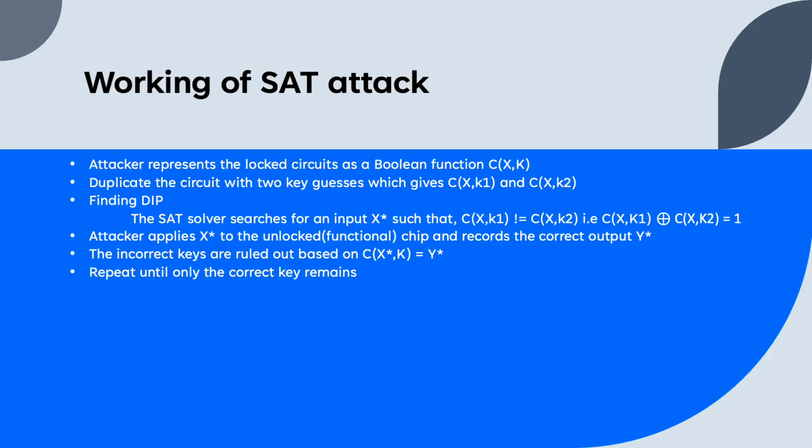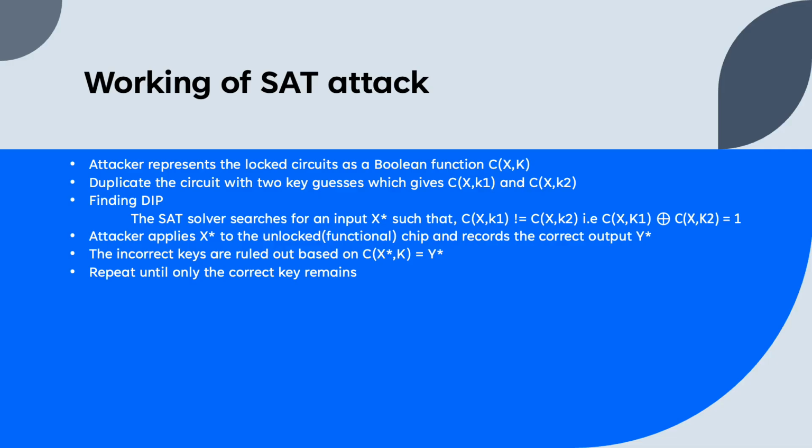The distinguishing input pattern x star is found because it caused at least two different outputs from different keys, but many other keys might also produce the wrong output for x star. Any key that does not satisfy C(x star, k) equals y star, basically the two functions, is wrong and can be discarded.